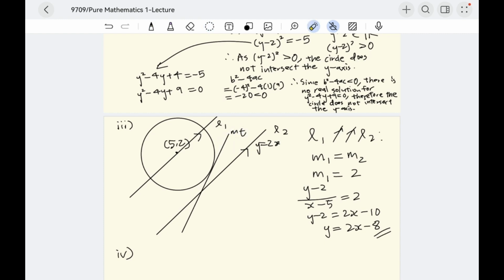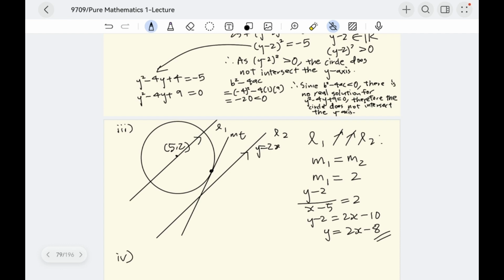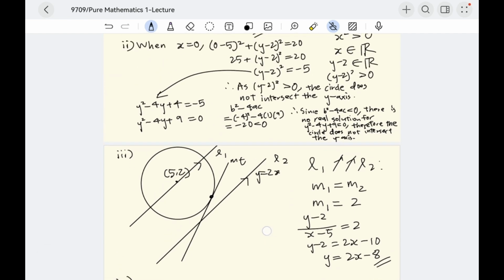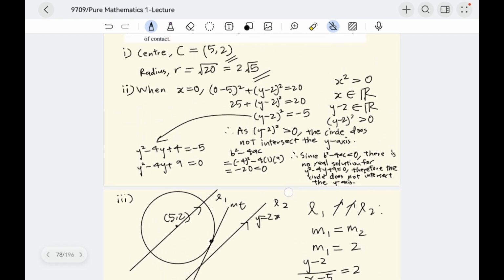Always remember that whenever a tangent line meets a curve, it has exactly one point of contact. The equation of a circle is considered a curve.